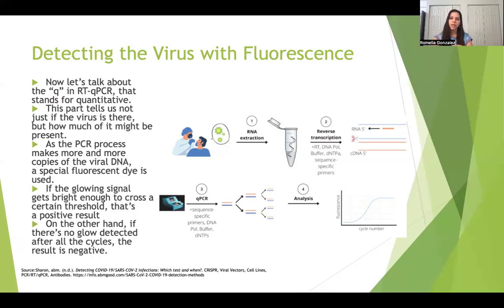The more copies there are, the brighter the sample will grow. A special machine will watch the fluorescence grow with each cycle of PCR. If the glowing signal becomes bright enough to be detected, then we will consider that a positive result for COVID. But on the other hand, let's say that we have no glow or detect very little glow throughout the cycles, then the result is negative. This method is incredibly sensitive, so even small amounts of the virus can be detected. Sometimes results can even be seen before the patient even has any symptoms.